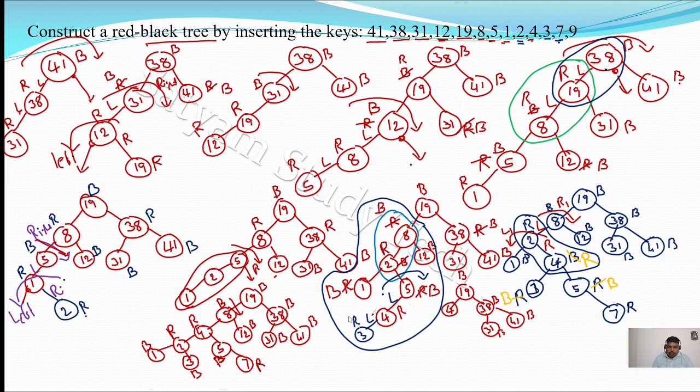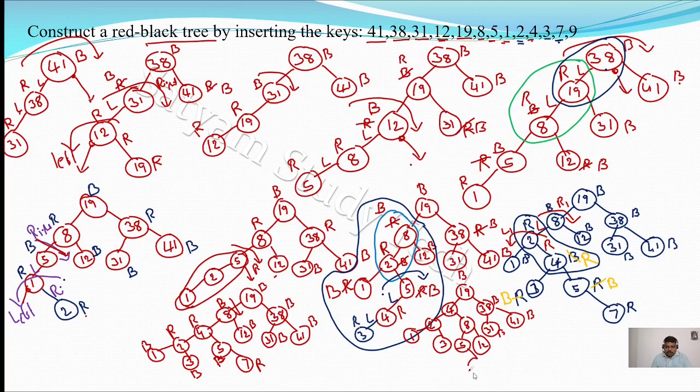Okay, now 4 right is 8, 8 right is 12, right? 4 left is 2, 2 left is 1, 2 right is 3 and 4 right 5 is there. We have to compare with here, the 5 is added left of 8. Okay, 5 is added here.